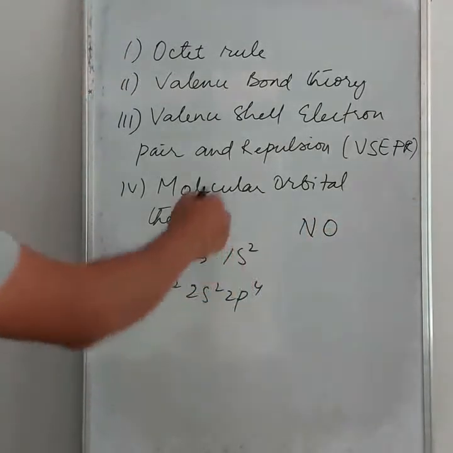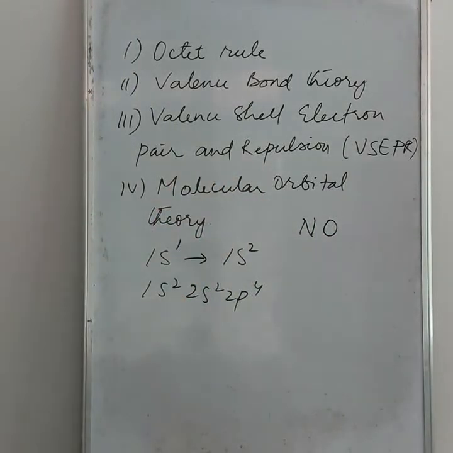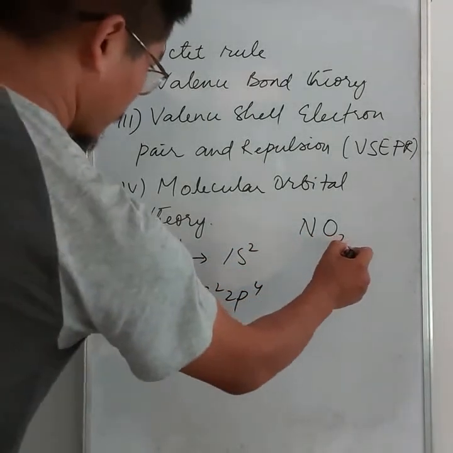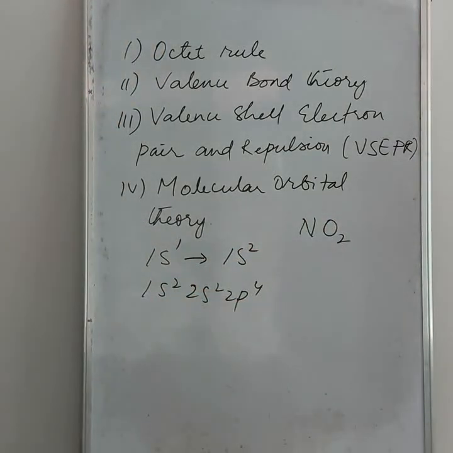If you try to make the Lewis structure, one of the atoms will not be in compliance with the octet rule.